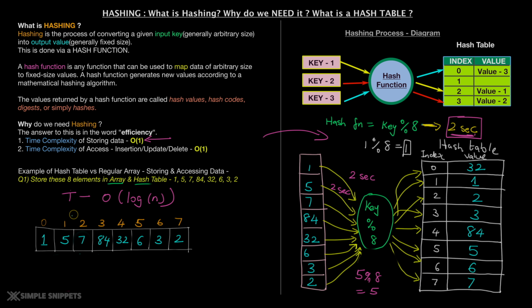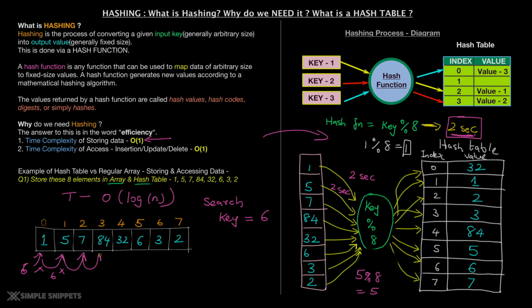So coming back to this example, let's say you want to search key equals to 6. You want to search 6 in this array. So in an array which is not a sorted array, you'll start from index position 0. You'll check the value. Is it 6? No. Then you'll hop to the next one. Is it 6? No. Then you'll hop to the next one.